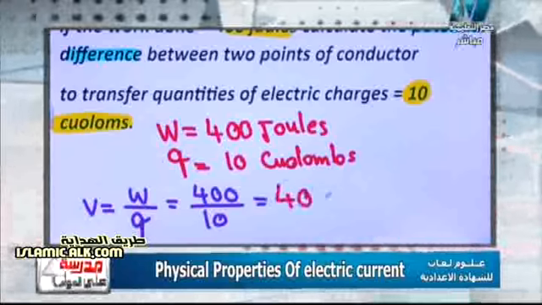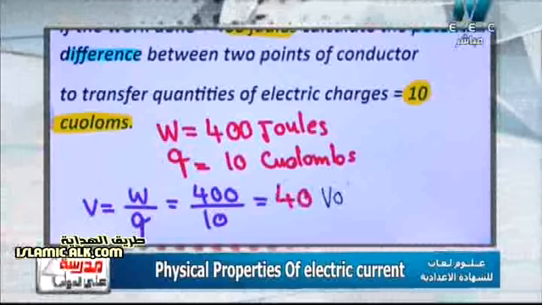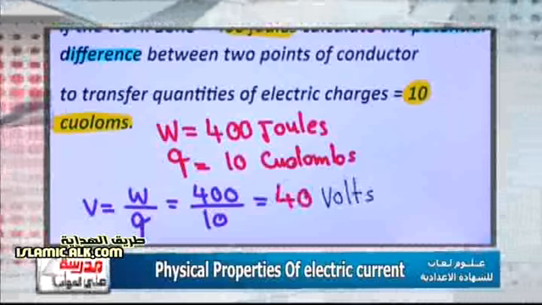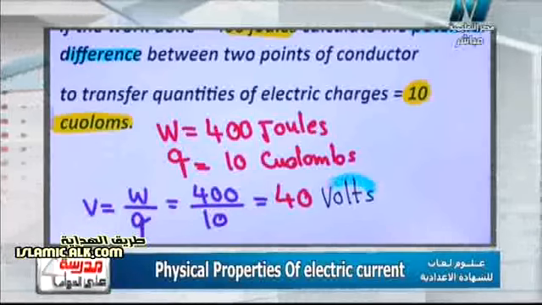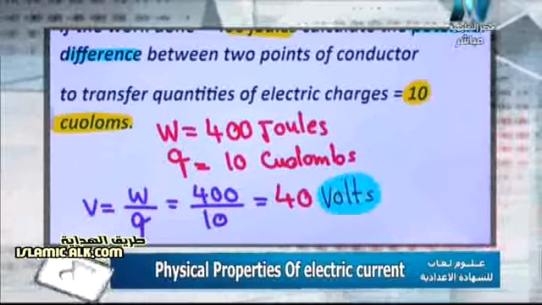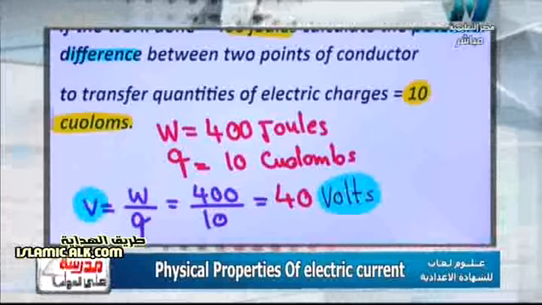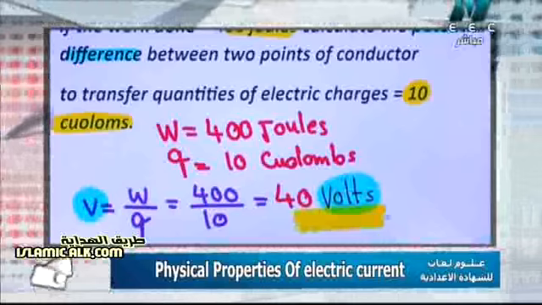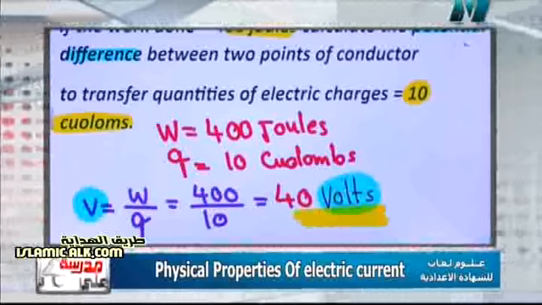The measuring unit is what? 40 volts. Yes, 40 volts, because we know the measuring unit of the potential difference is the volt. V here means potential difference, and the measuring unit is the volt, as you see in front of you. Okay.